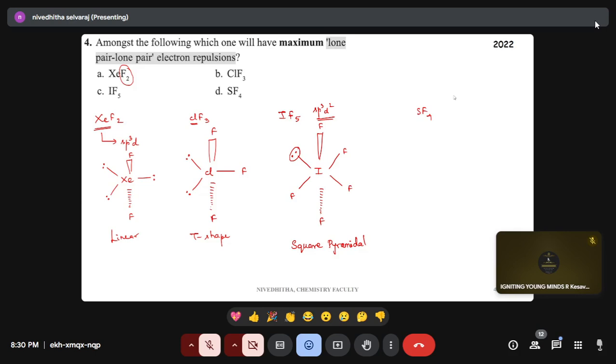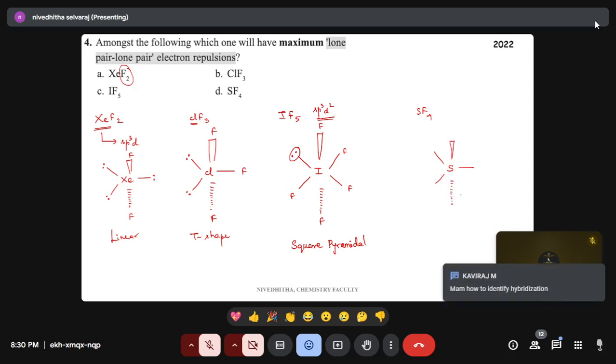SF4. Hybridization of sulfur is sp3d. So sulfur can form 5 chemical bonds, 1, 2, 3, 4 and 5. So sulfur has 4 fluorine atoms, 1, 2, 3 and 4.